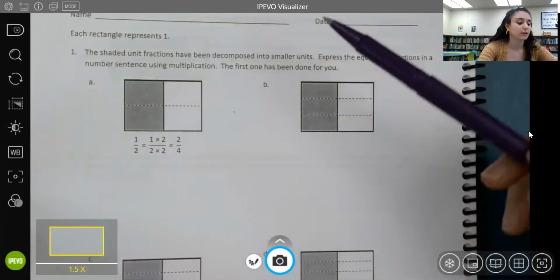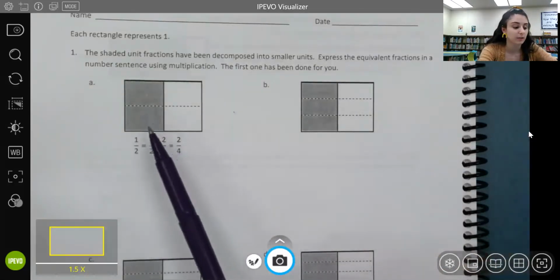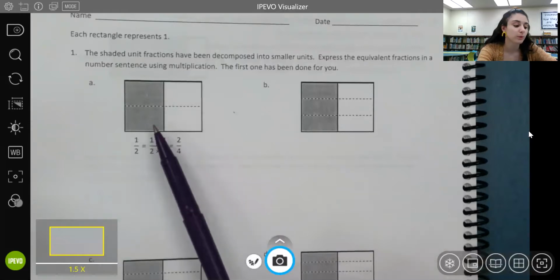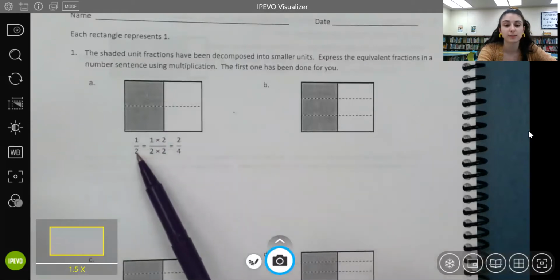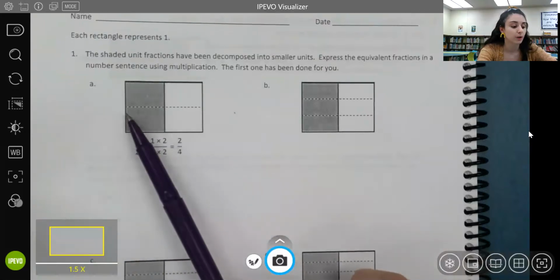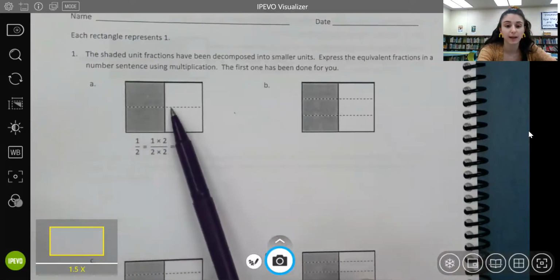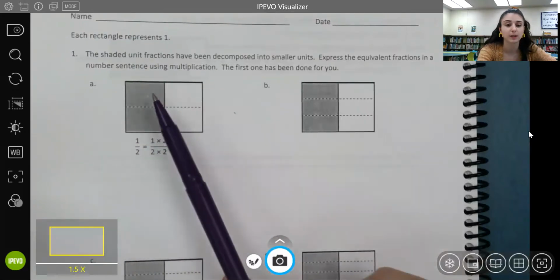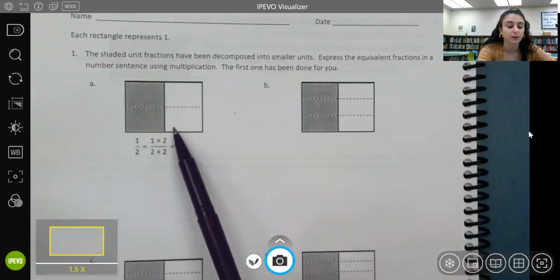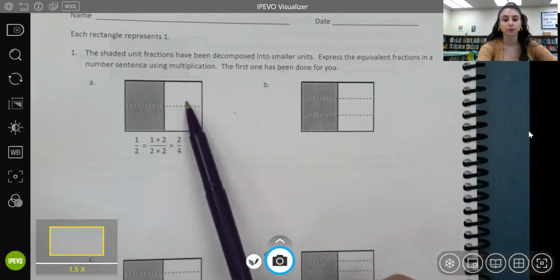In A, as we can see, we have our tape diagram with 2 blocks, and 1 block is shaded in. That means 1/2. After they shaded in 1 block, they then cut it in half again with this dotted line, making 1, 2, 3, and 4 blocks.